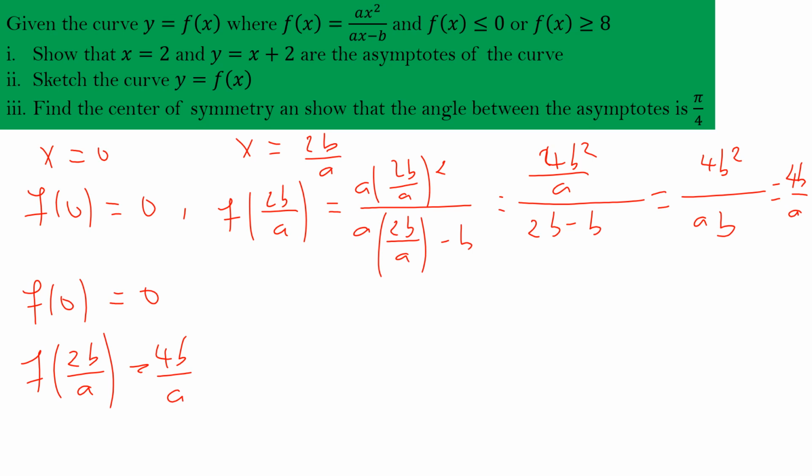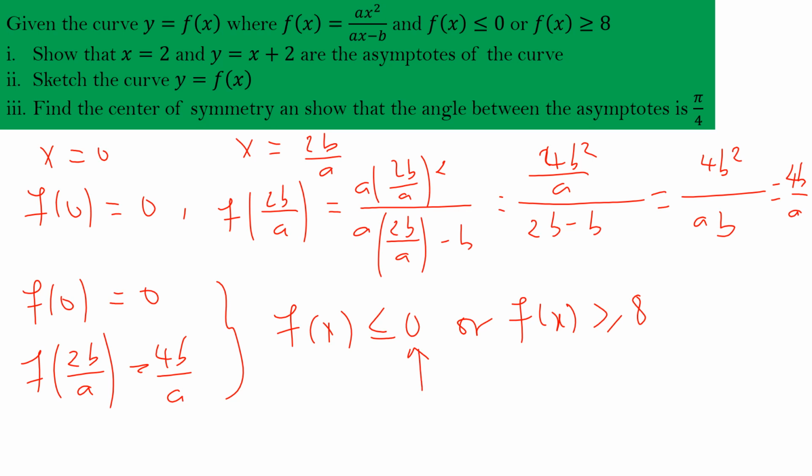Between these two values, which one is bigger? You realize that if you compare with the fact that f of x is less than or equal to 0, or f of x is greater or equal to 8, what does it mean? It means that 0 is the maximum, and 8 is the minimum turning point.